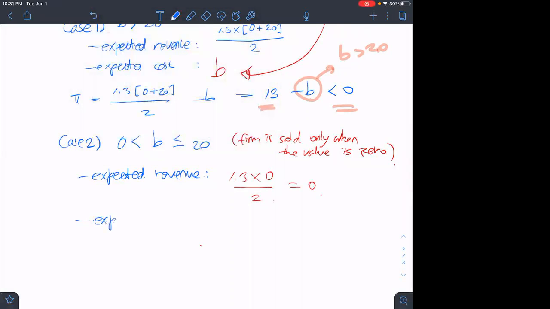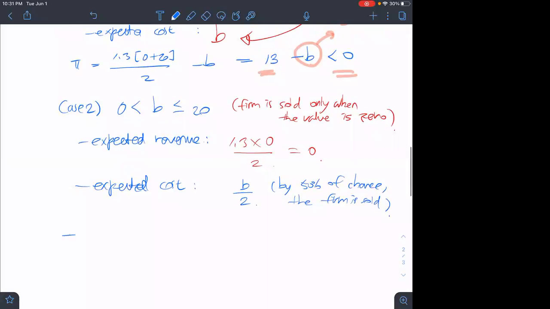And then the expected cost is B divided by 2. So this was my mistake. In the previous answer key, it was just B, which was wrong. The correct answer is B over 2, because with 50% chance, the firm is sold.